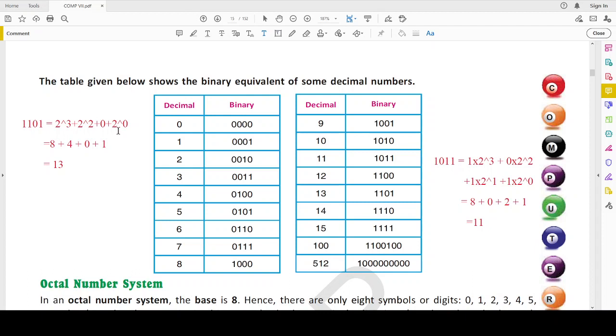Anything to the power 0 means what? 1. And this 2 to the power 1, here it is 0 into 2 to the power 1 means a 0. So the place having a 0 will give you a 0, right? So 1 plus 4 plus 8 it is 13. I suppose you have understood.